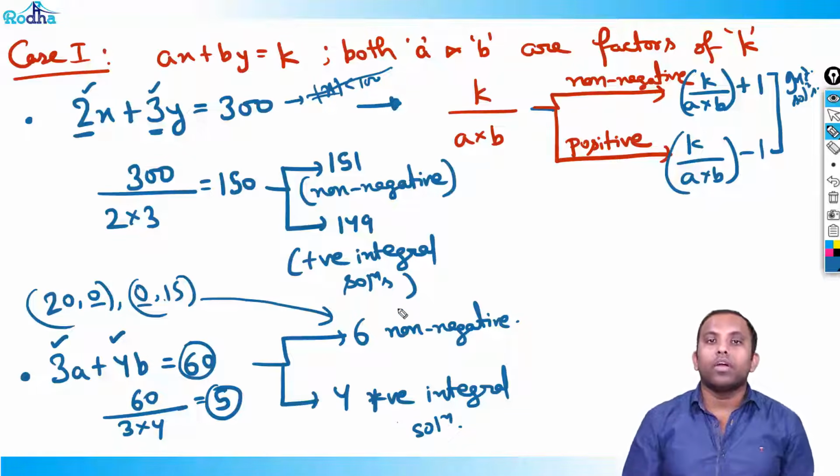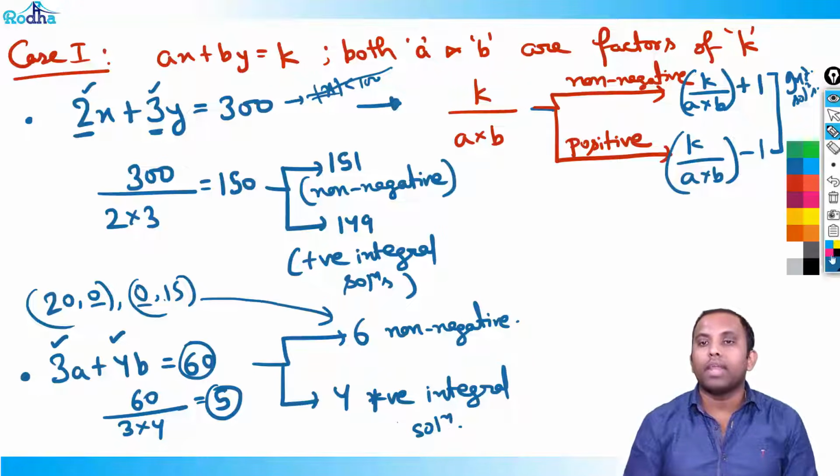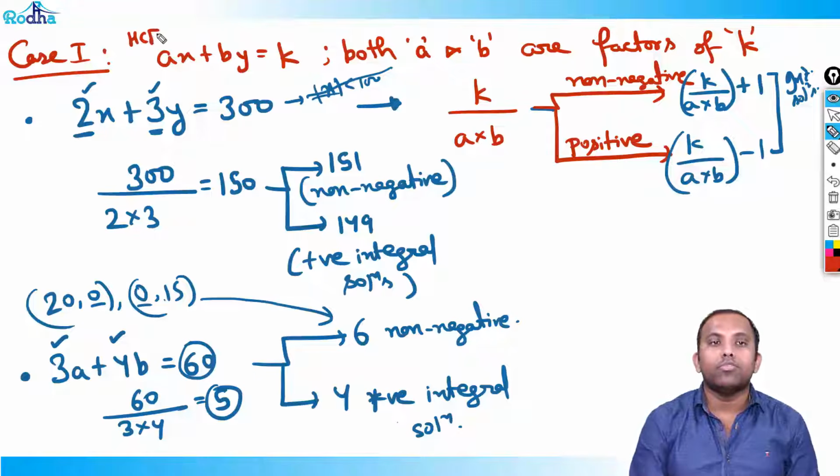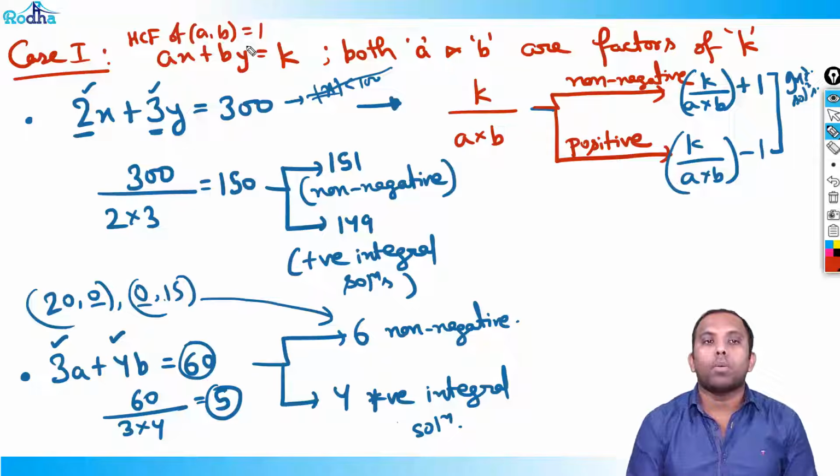One more important thing while applying this method: make the HCF of a comma b as 1.